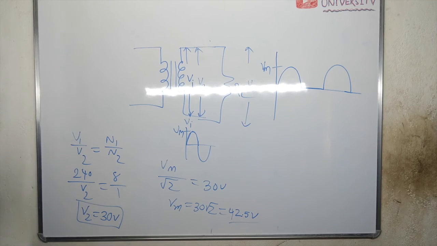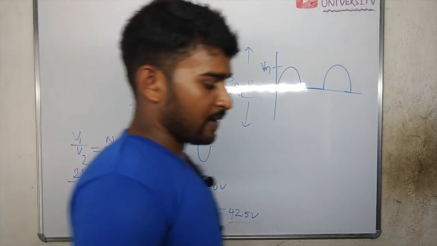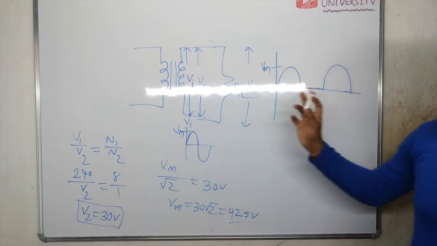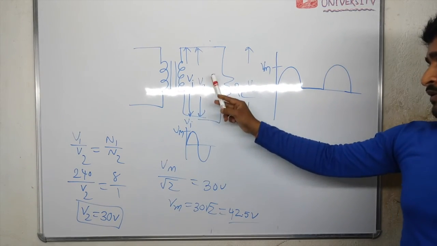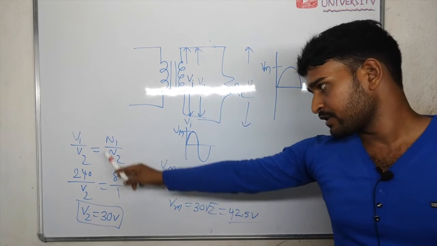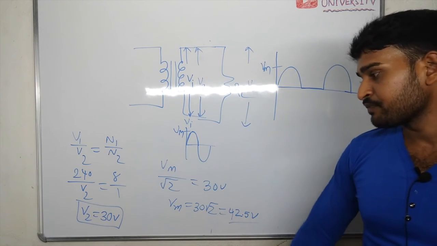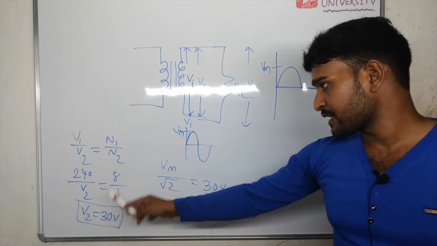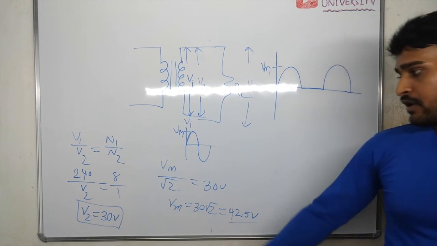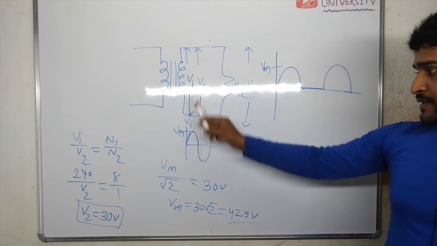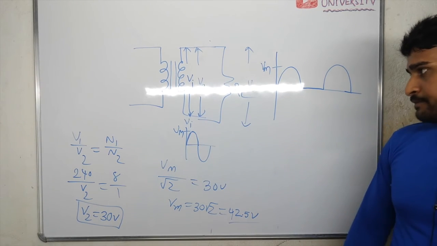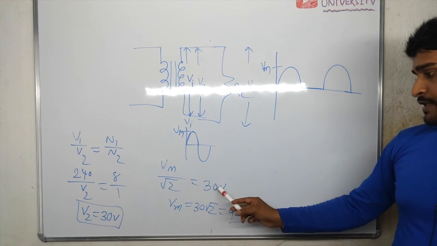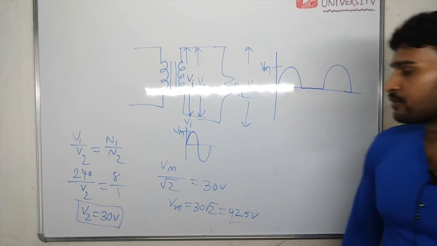The question is about the maximum value of the output voltage, that is Vm, and how to get it. You first calculate the RMS value of the secondary winding using the transformer equation, and you find it is 30 volt. Since Vi is a sinusoidal signal whose RMS value is Vm by root 2, and that is 30 volt, Vm equals 42.5 volt.